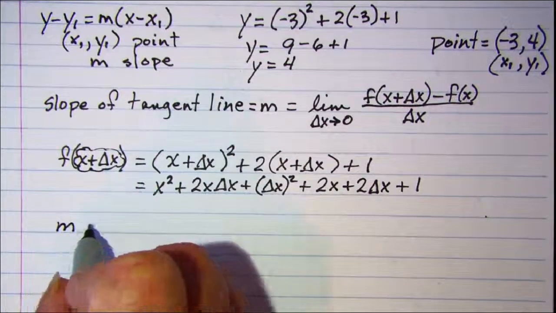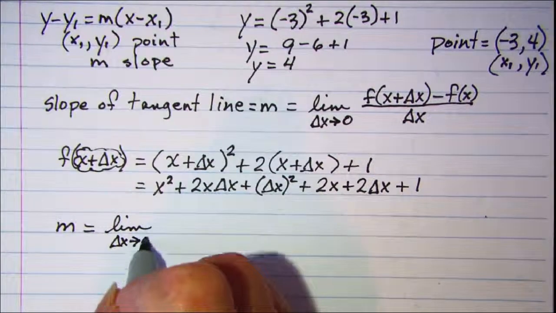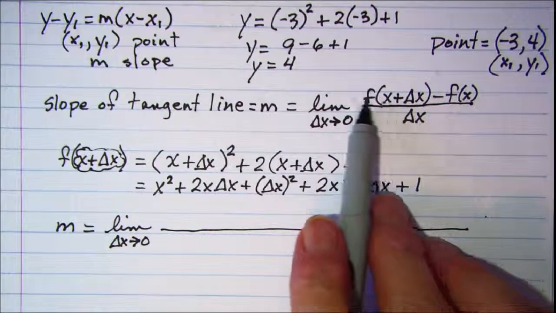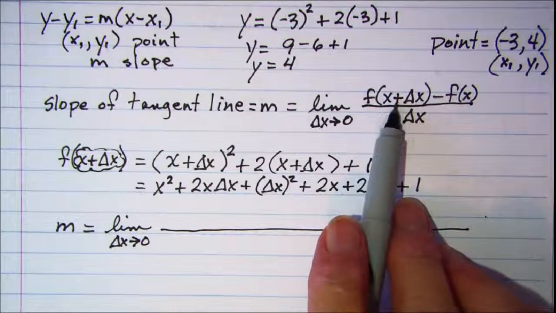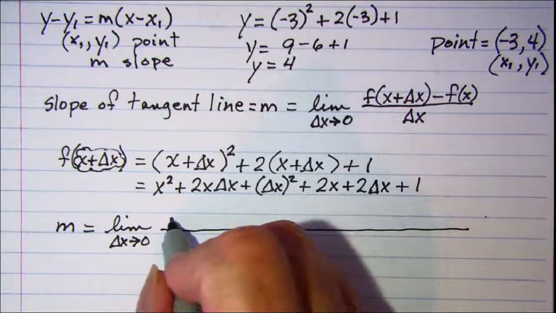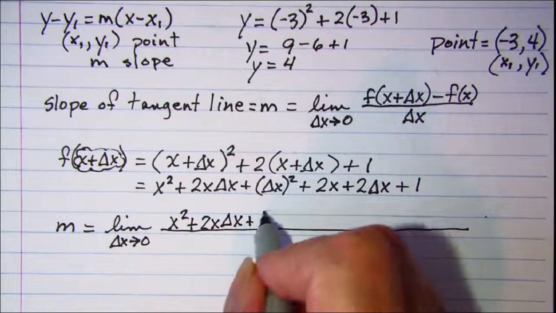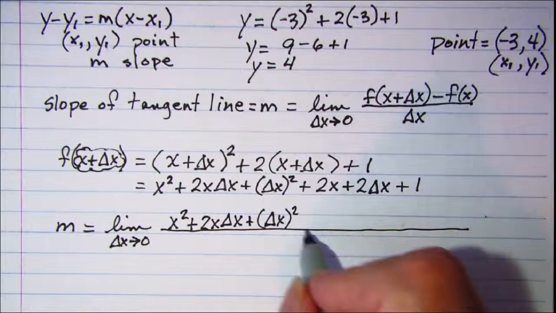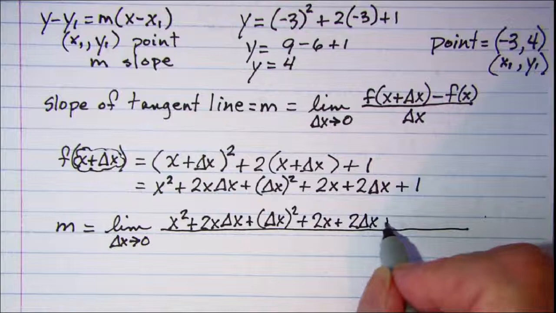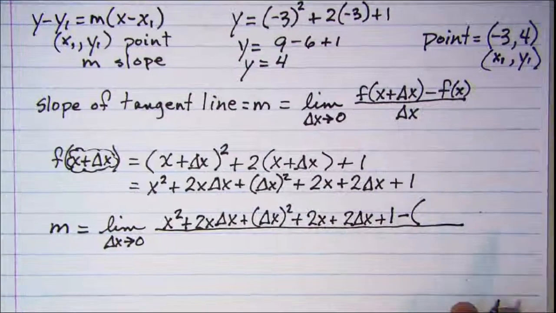My slope then is the limit as delta x approaches 0 of, it's going to be a nice long numerator, this first part of my limit expression I've already multiplied out, that's right here. So I'll just copy that. And then I have to subtract from that my f of x.